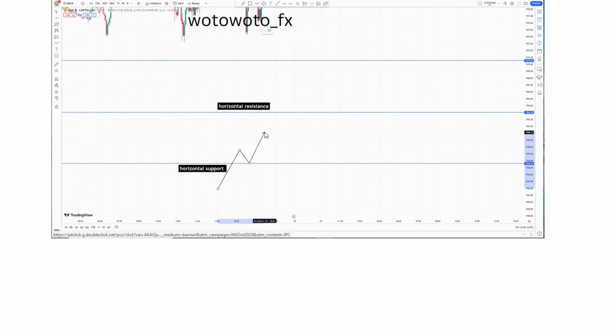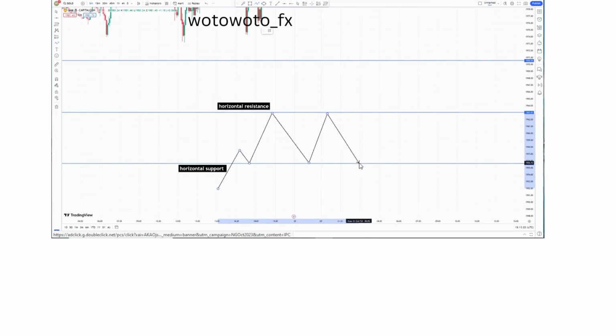Then it goes up, and when it goes up and taps on the above side, which is here, it is called resistance. So when it comes back, it is tapping on support. This is how it keeps on tapping on support and resistance.